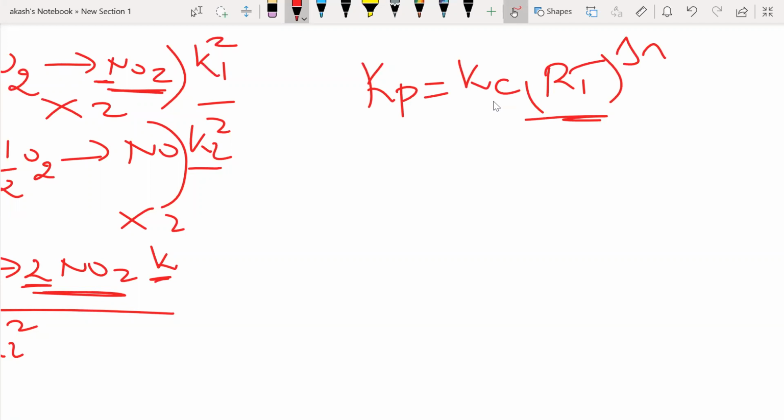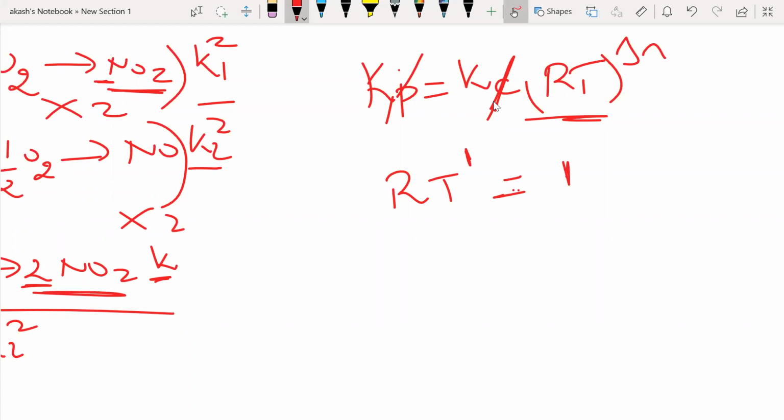Quick, tell me the temperature. Since Kp and Kc are the same, you can cancel them. So basically RT power delta N. What is the value of delta N? It's basically 2 on the product side, 1 on the reactant side. So it's RT power 1 only. So RT is 1.